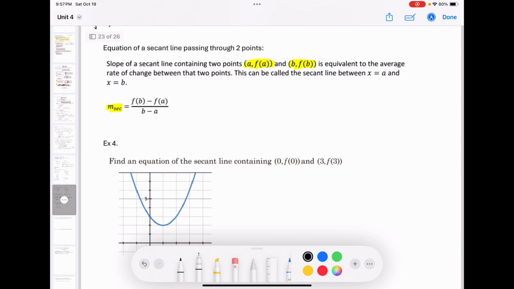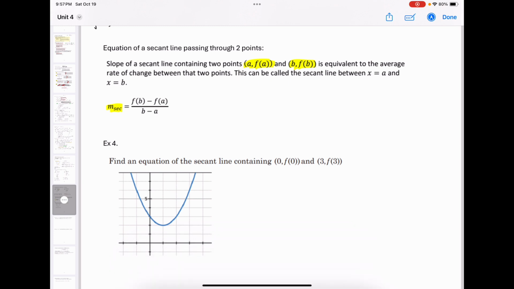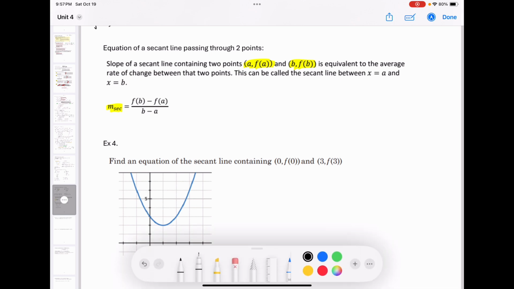Equation of a secant line passing through 2 points. The slope of a secant line containing 2 points, a, f of a and b, f of b, is equivalent to the average rate of change between the 2 points.